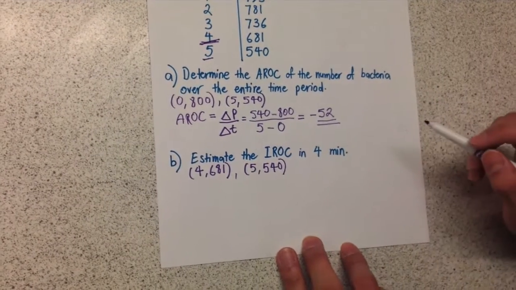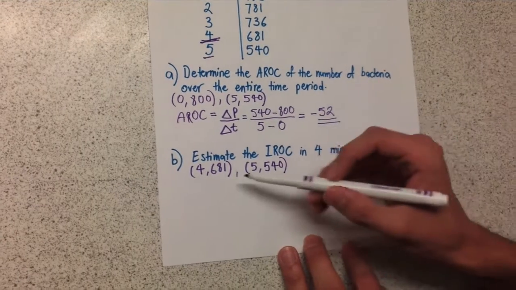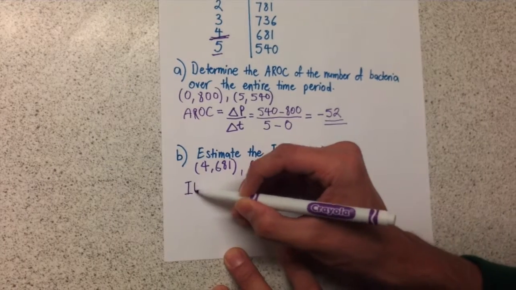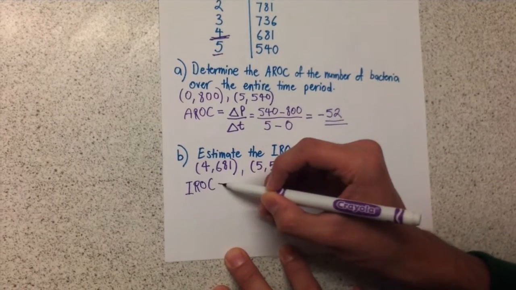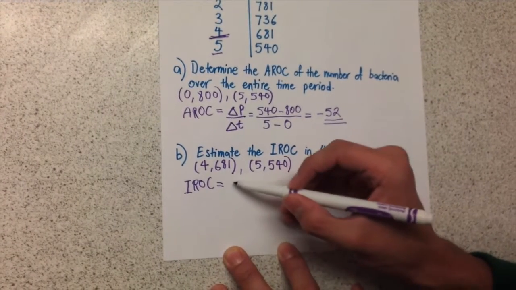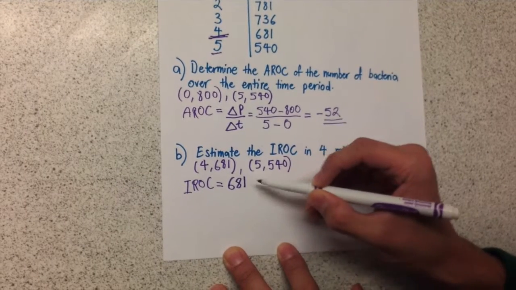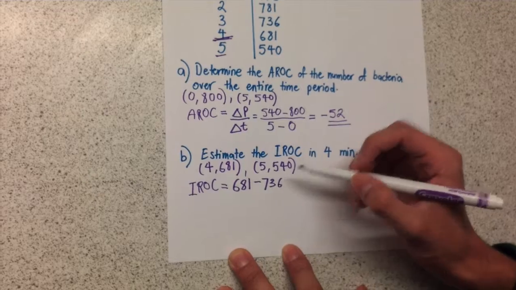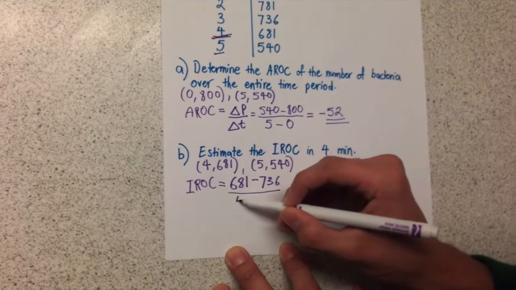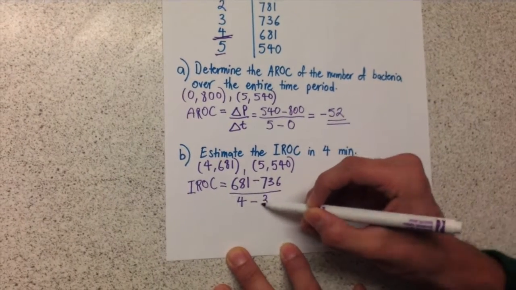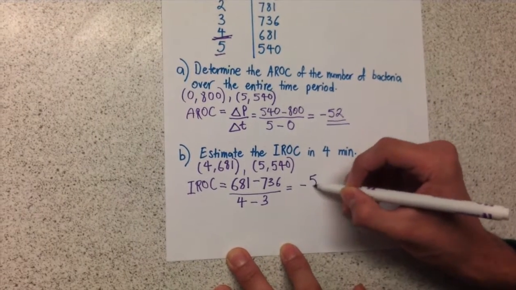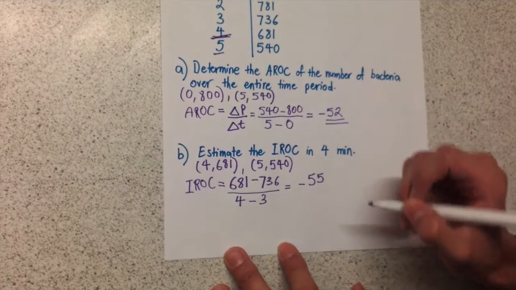Now, let's solve for the IROC using these points. IROC is equal to 681 minus 736 divided by 4 minus 3, which is equal to minus 55.